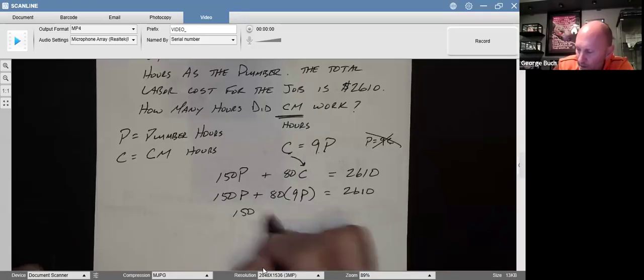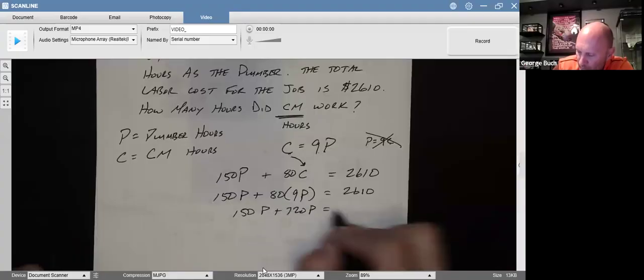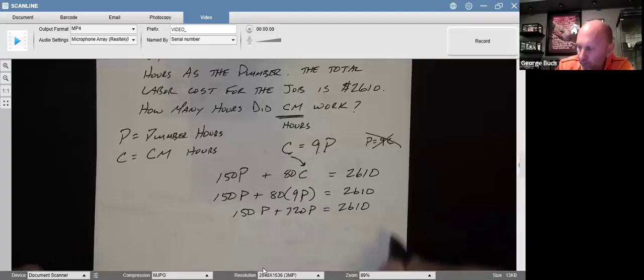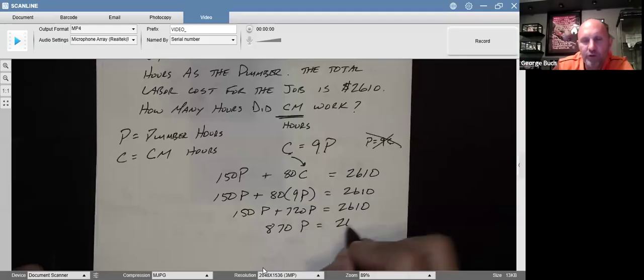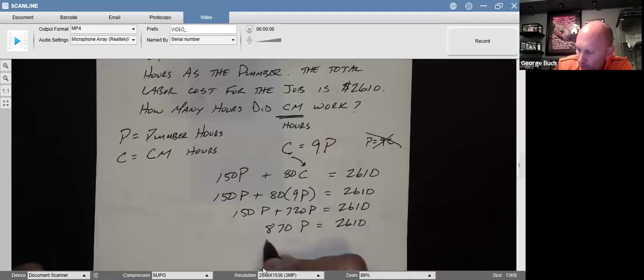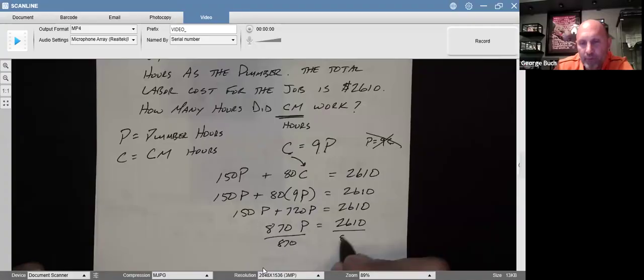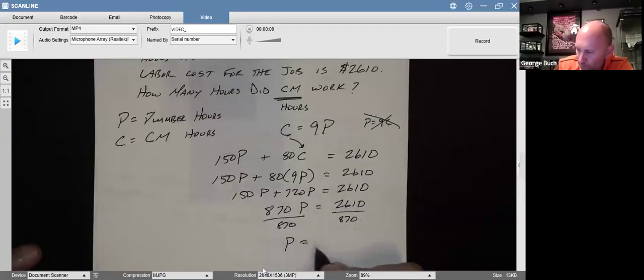So 150P plus 720P is 2,610. Add these two terms, we get 870P is 2,610. So to get P, I divide both sides by 870, and I get P is equal to 3.